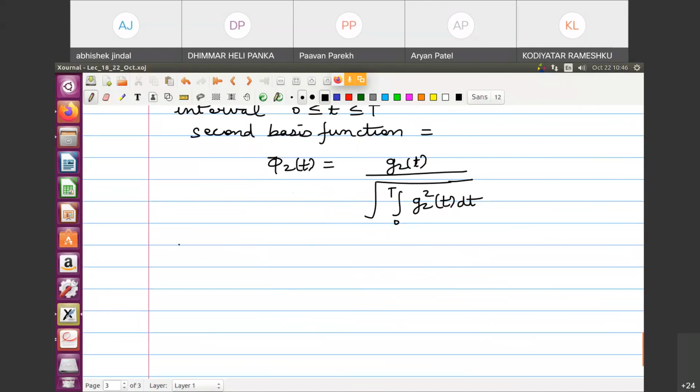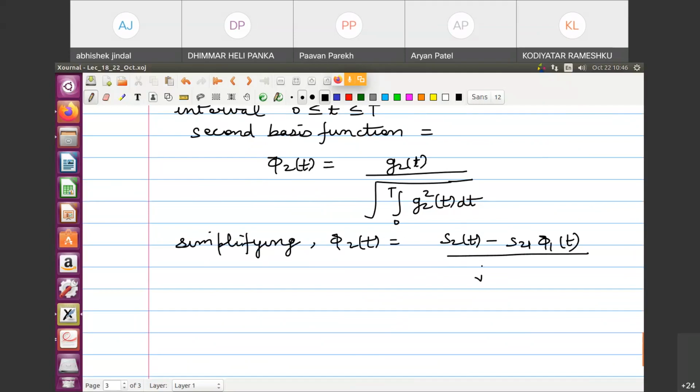Now simplify it. So simplifying, we get phi 2(t) is equal to S2(t) minus S21 phi 1(t), divided by the square root of E2 minus S21 square.